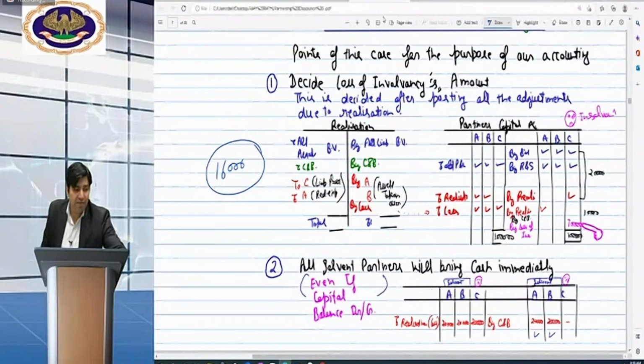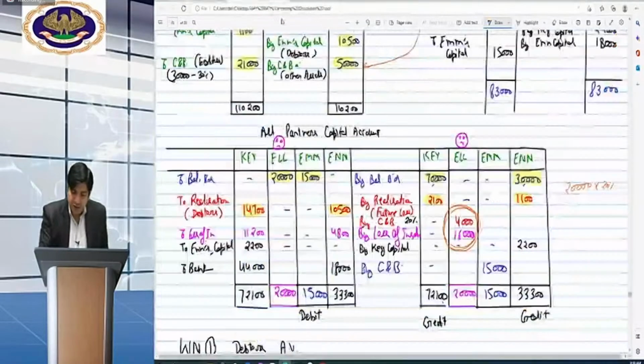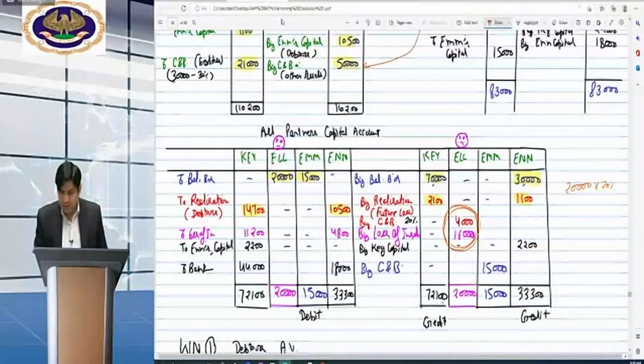Is this okay? That 16,000 is the insolvency loss in this question. No one is answering, it means not okay. Acha, okay. Loss of insolvency is clear, 16,000 okay. Okay, please explain again, sir.